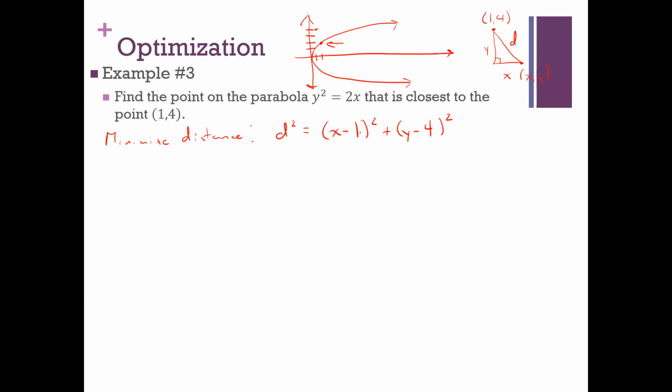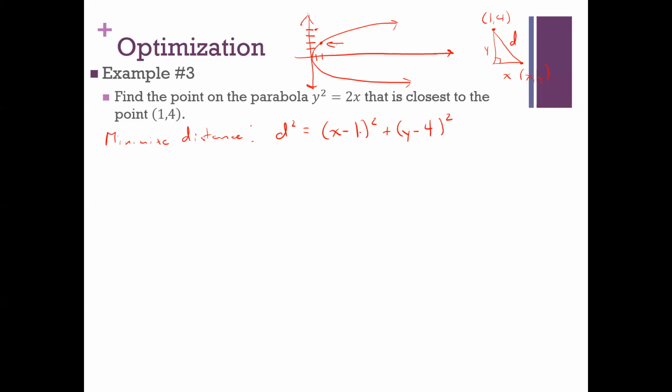Any questions on this thing? So we have the thing we're trying to optimize. We need to look at the thing we're trying to constrain. What's limiting? The parabola. Yeah, both.